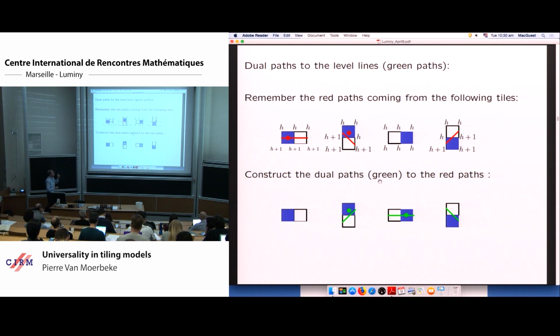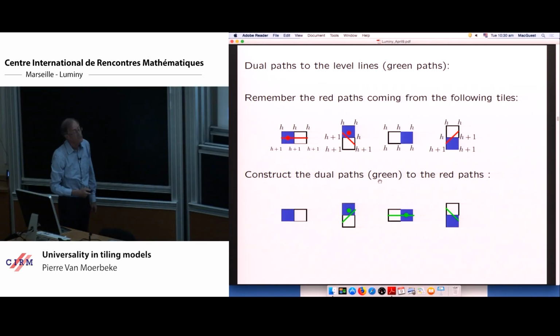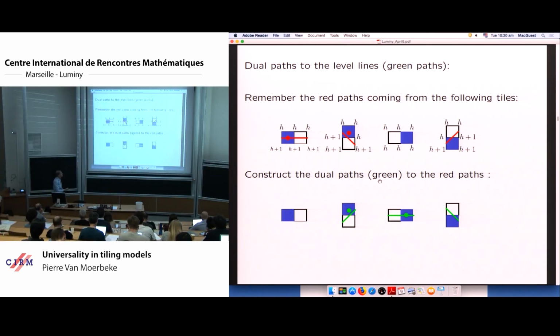But here it's now the opposite. I'm going to look at not the lines tilted like this, but I will take them perpendicular, tilted like that, okay? And then I will see, what will I see? I will see those tiles here and those tiles, but not that one, because that's going to be parallel to that line. So I put a green dot in the middle.